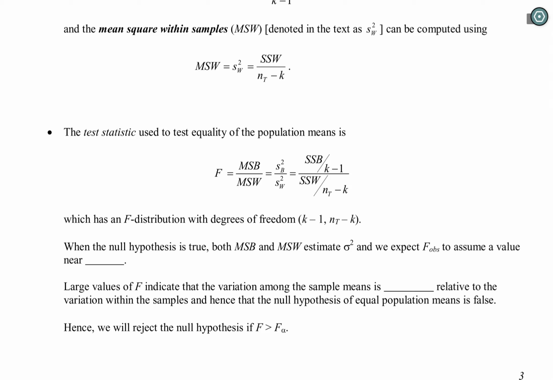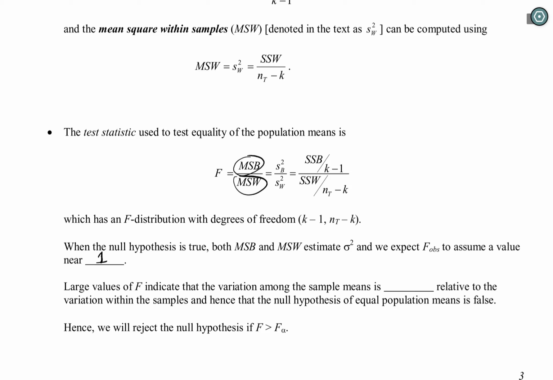Now when the null hypothesis is true, both of these mean squares estimate the same thing. Okay, and so it seems reasonable, and we would expect our observed F statistic to be close to 1 if each piece of this ratio is estimating the same thing.